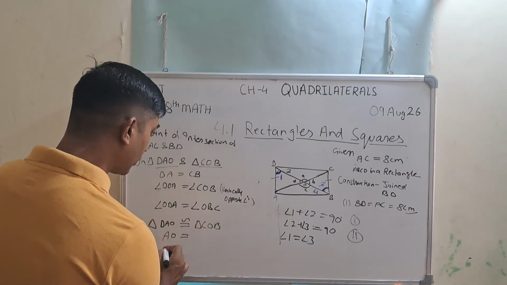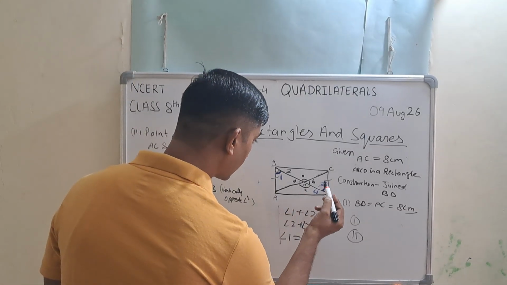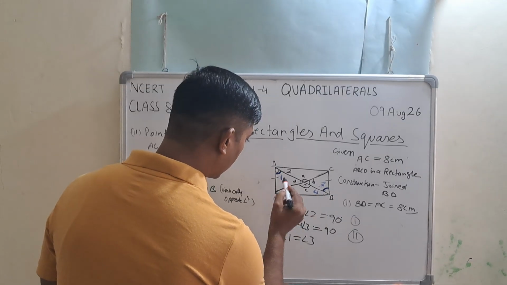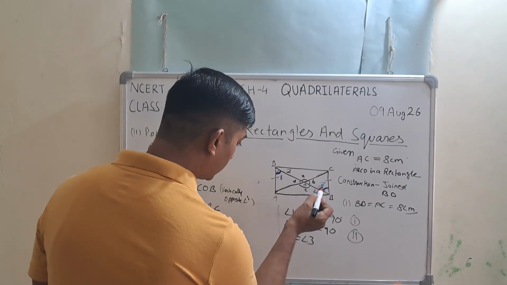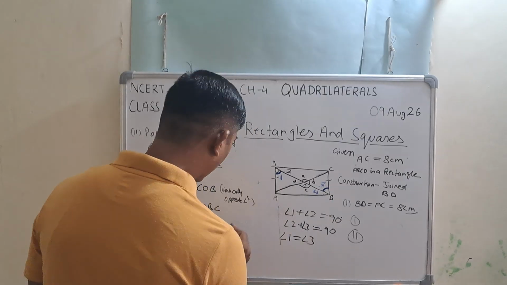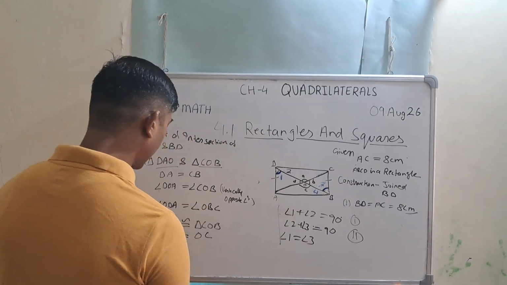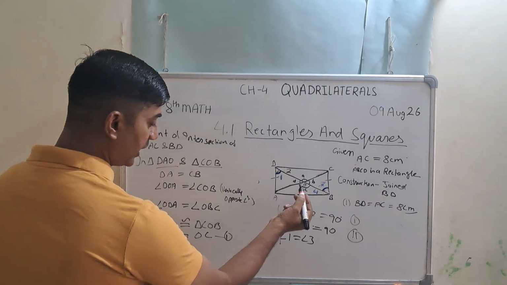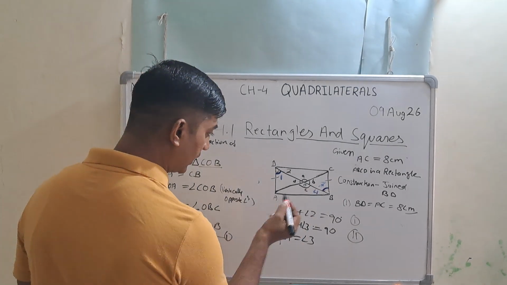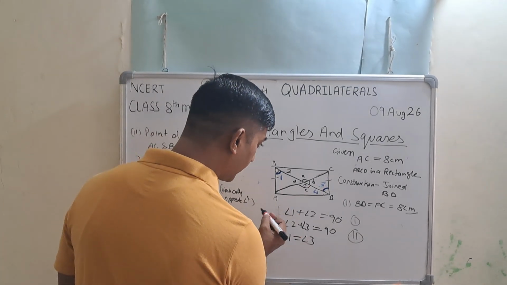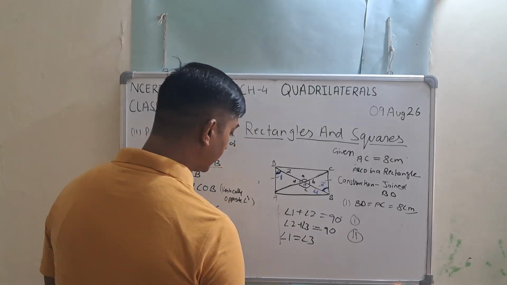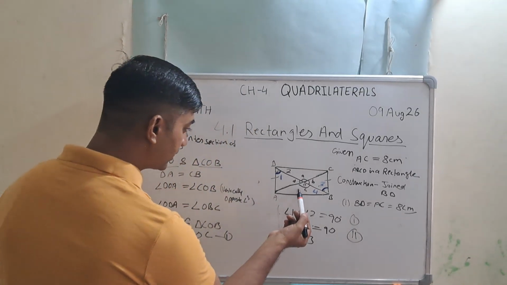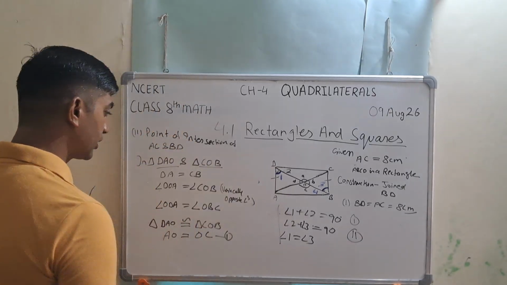AO is equal to OC, the part corresponding to the equal angle. Now we have proved that AO is equal to OC, meaning O is the midpoint of AC.